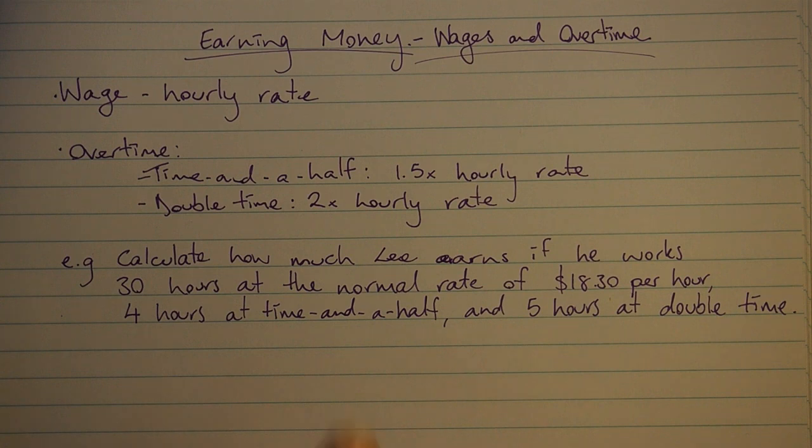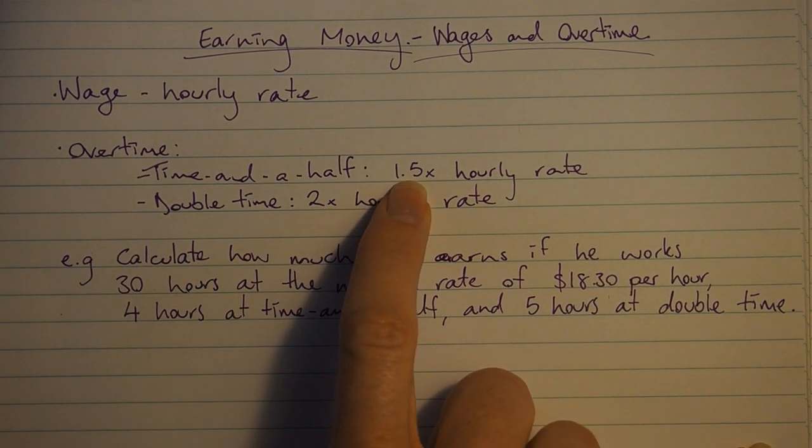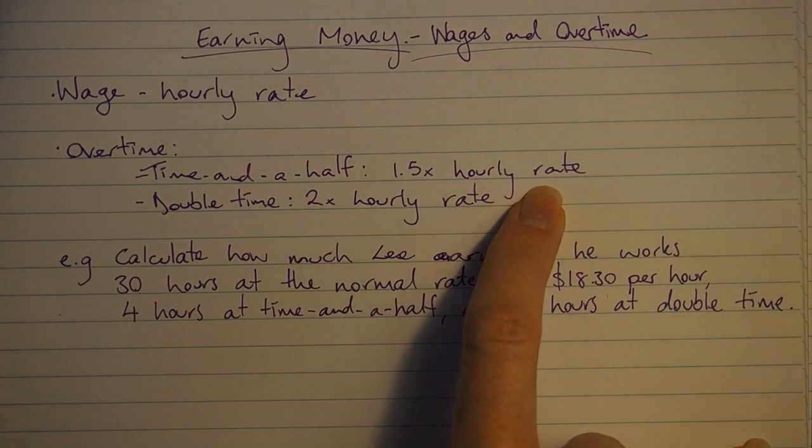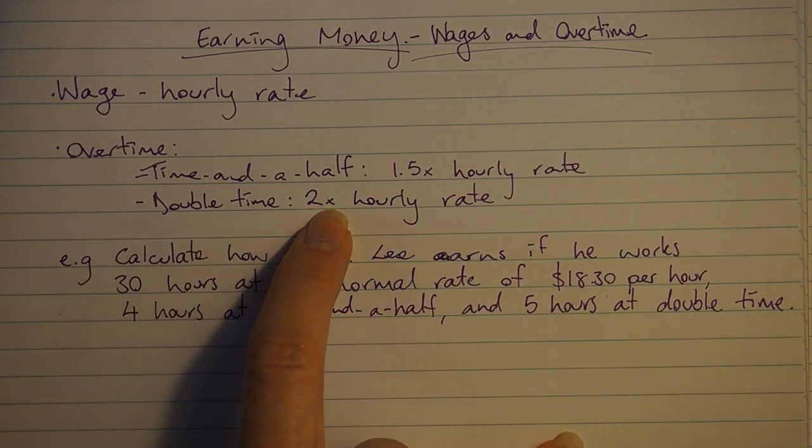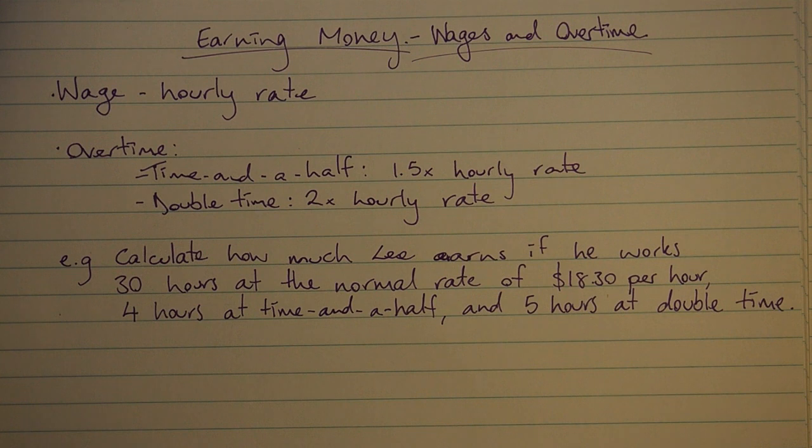So there's two kinds of overtime. We've got time and a half, which is 1.5 times their normal hourly rate, or they have double time, which is 2 times their hourly rate. So normally, a wage worker, say for example, they might have a normal 38-hour working week, and any hours worked beyond that accrue overtime.